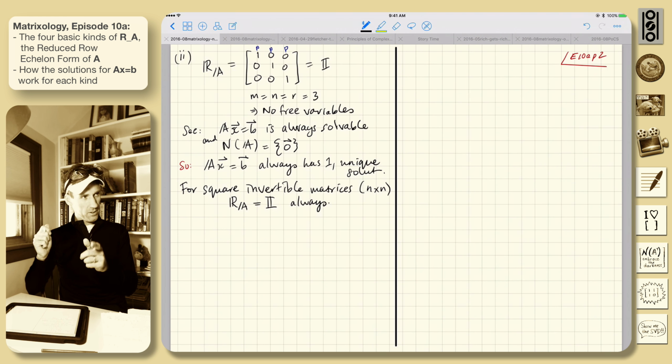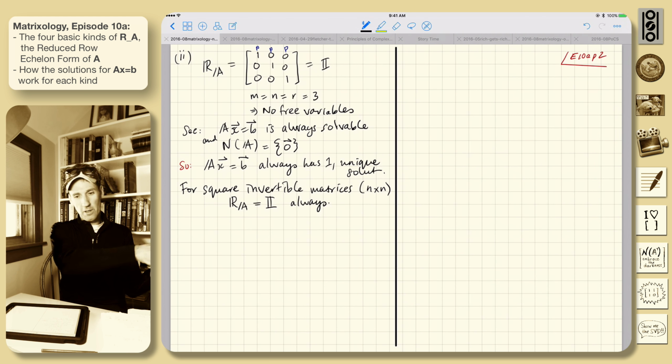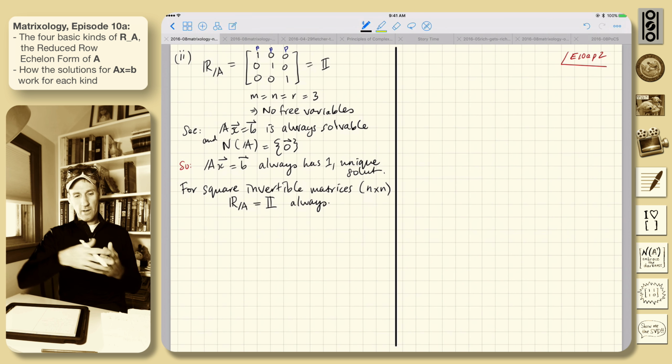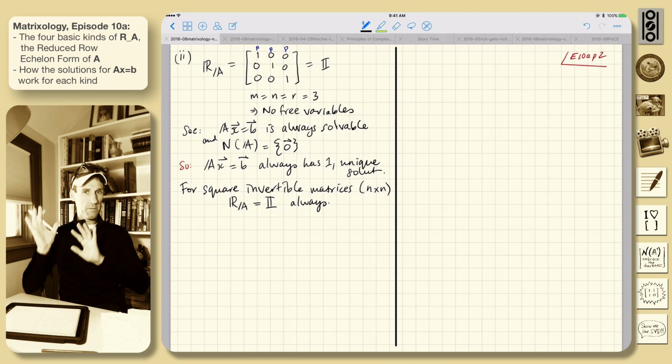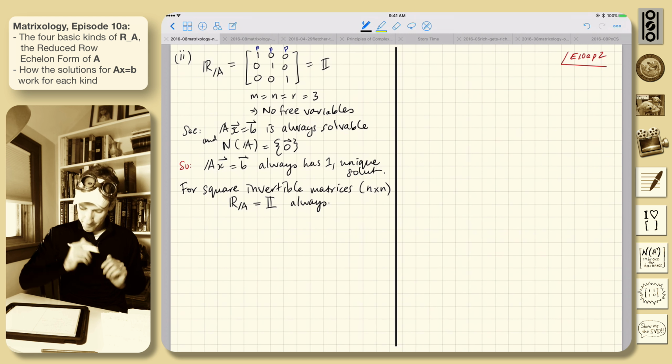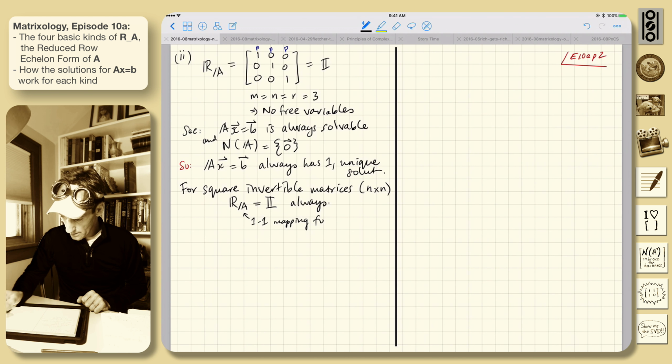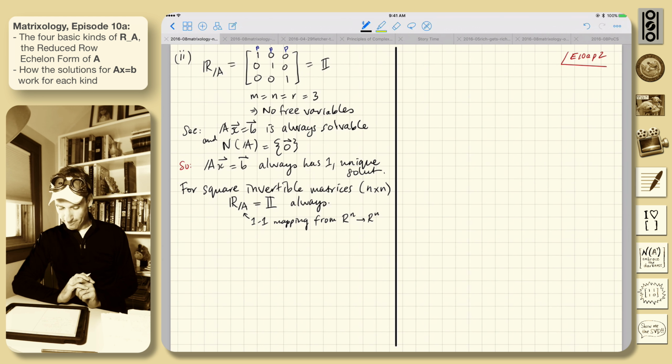And this is the story: if A has a non-trivial null space, there are some x's that go to 0 and you can't undo that. You can't go to 0 and say all of these different vectors came from it, because it's not a one-to-one mapping. It's a many-to-one. So this is a one-to-one mapping.